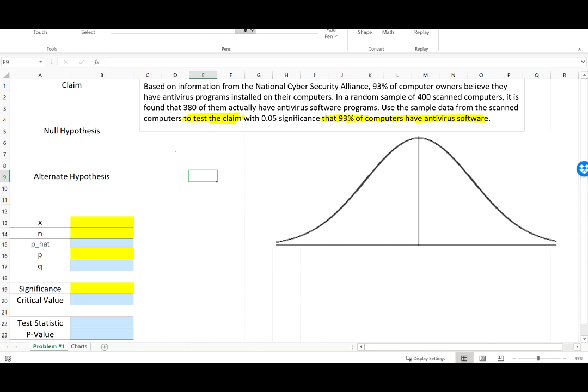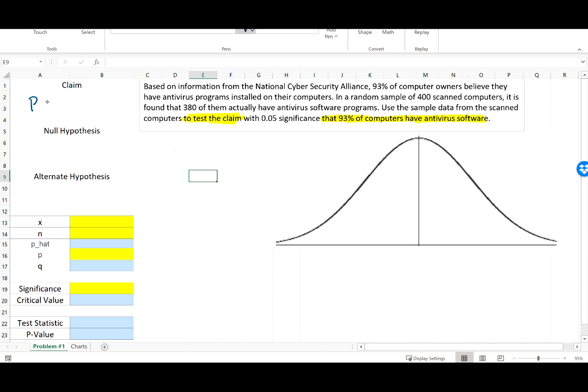So this is saying that the proportion, and remember, percentage, proportion, these two words are interchangeable, more or less. Normally a proportion is given as a decimal, a percentage is a percentage, but they're more or less interchangeable. So the claim is that exactly 93% of computers have antivirus software.